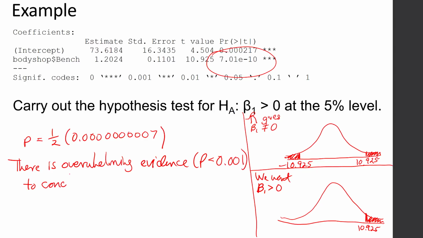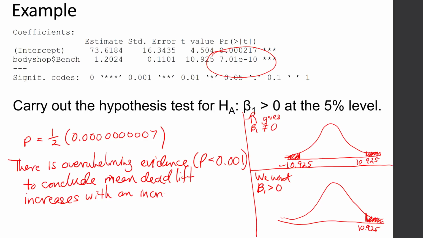To conclude, mean deadlift increases, because we were looking for a positive slope this time in our alternative, with an increase in bench press. All right. So I guess we had a couple things change. The alternative changed, so the p-value changed, and so did our conclusion. All right, so that's our example on a hypothesis test for the slope.